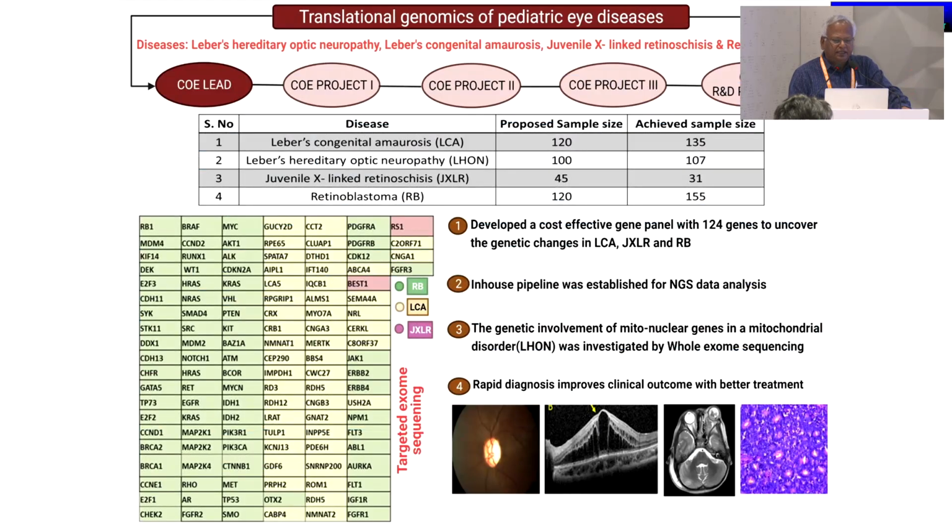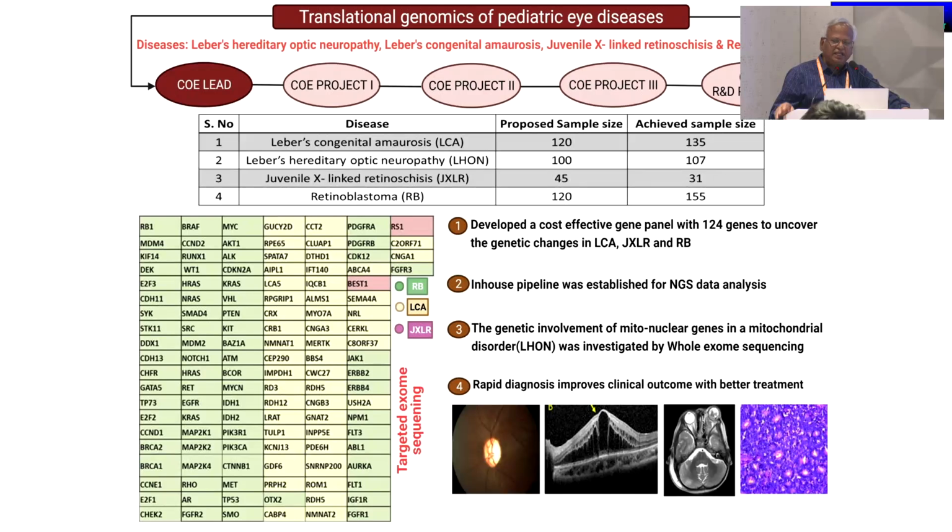And very recently, about 4 years back, we got a huge grant from the Department of Biotechnology, the Center of Excellence for Pediatric Eye Diseases. In that project, we focused on Leber congenital amaurosis, Leber hereditary optic neuropathy, juvenile X-linked retinoschisis, and retinoblastoma.